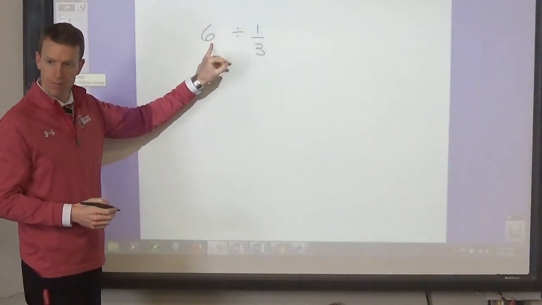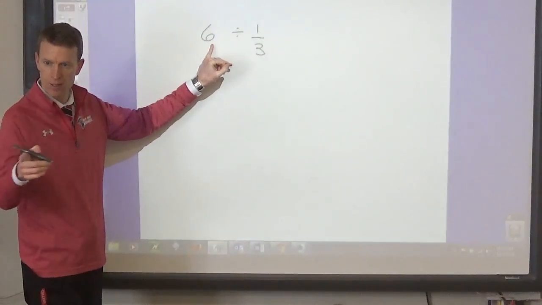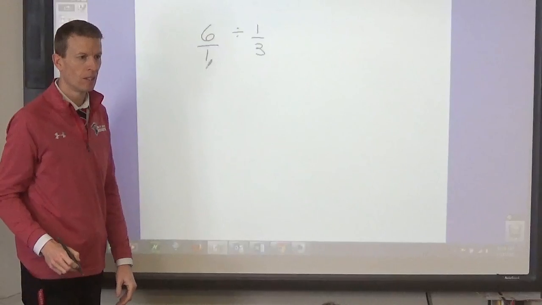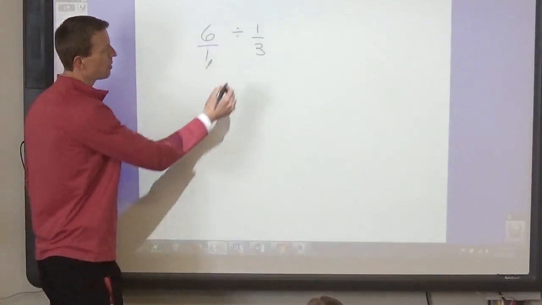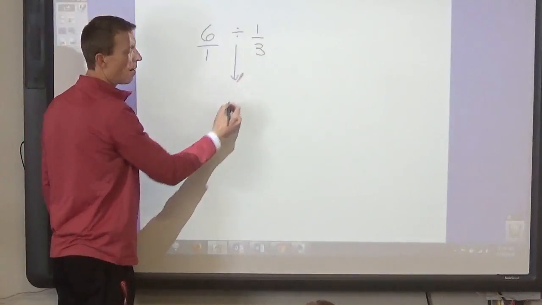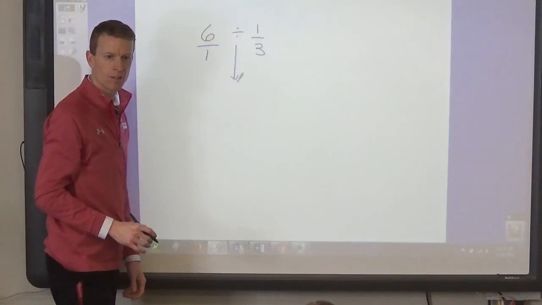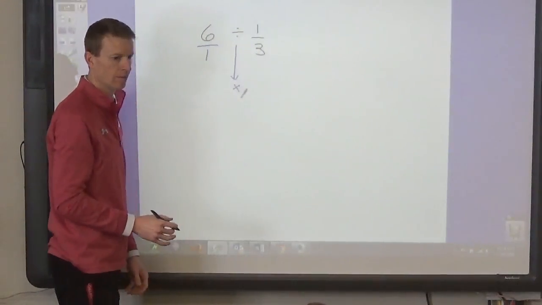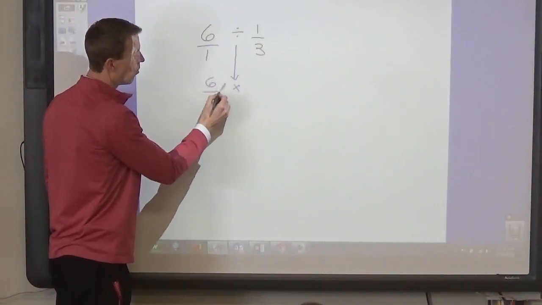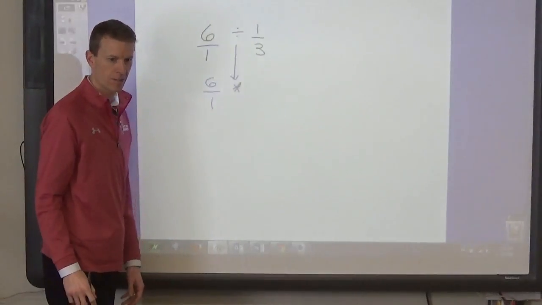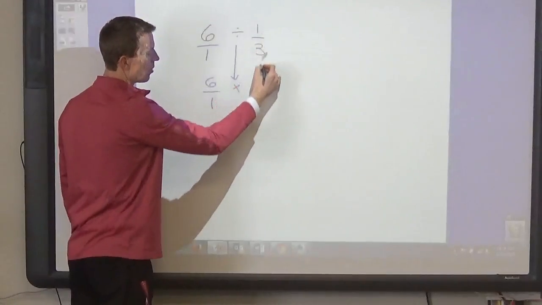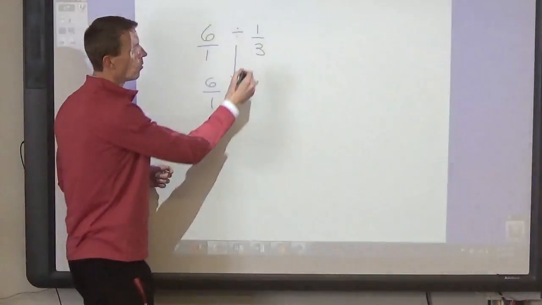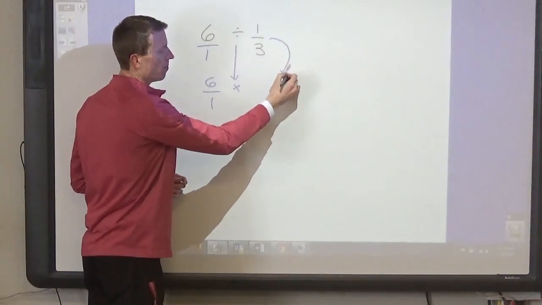So how do you write the first one as a fraction? Put a 1 under it. 6 over 1. Now follow the steps. Change the problem to what? To times. 6 over 1 times. Should we do 6 over 1 times 1 over 3? No. We need to do what with the second one?